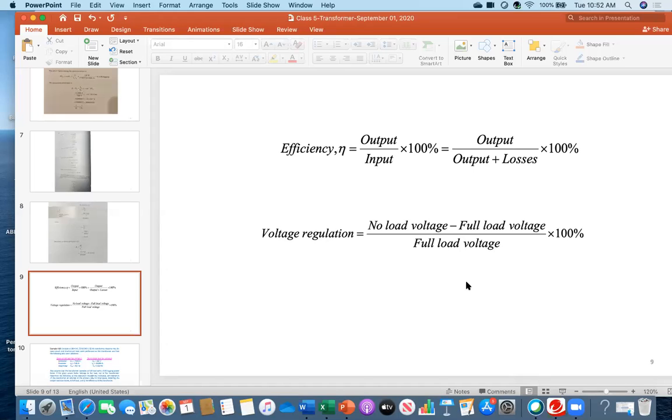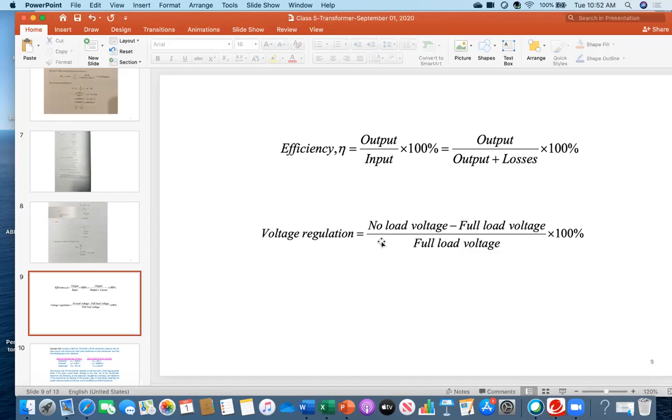Once the transformer has started operating and the loads are connected, depending on the type of loads that customers are using, there will be some voltage drop. It depends on the power factor of the loads people are using.